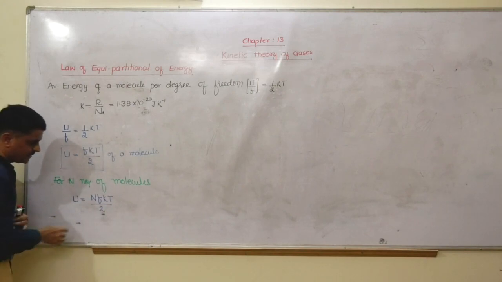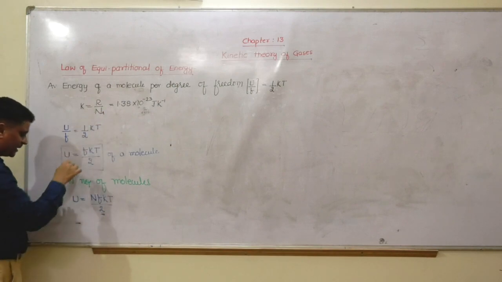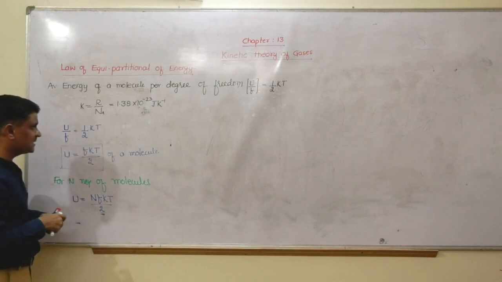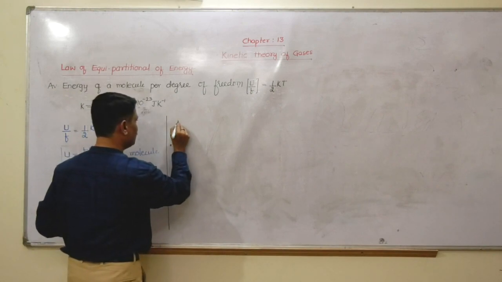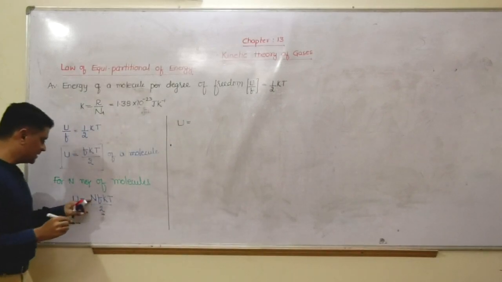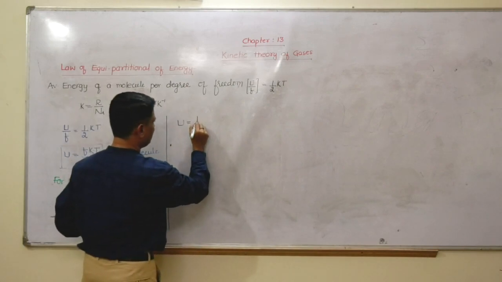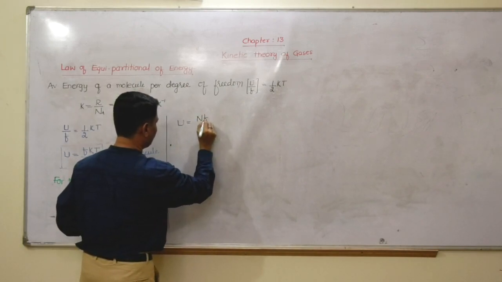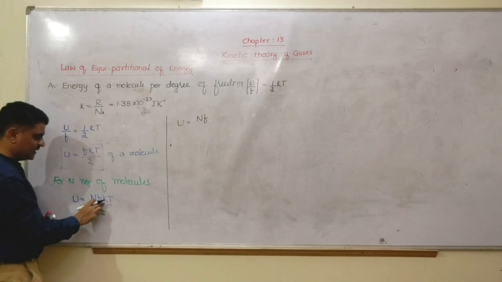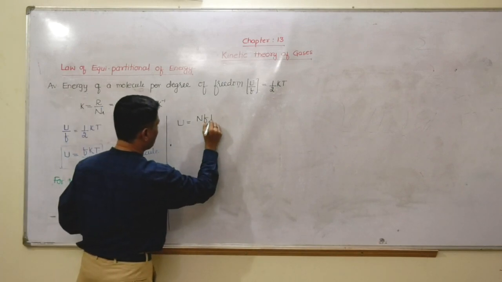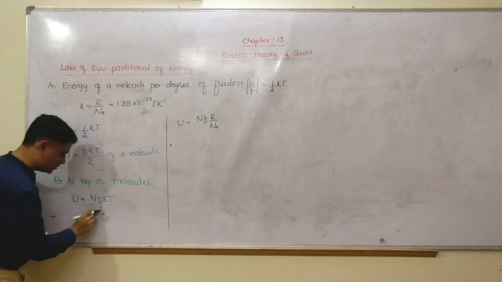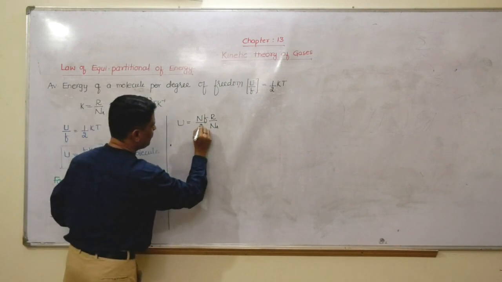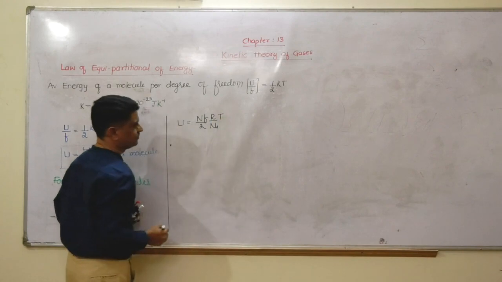Since we know that K is nothing but R by Na, if I substitute that here, U can be written as this NF, I'll write as it is, instead of K it is R by Na. This 2 I will write here only into T.